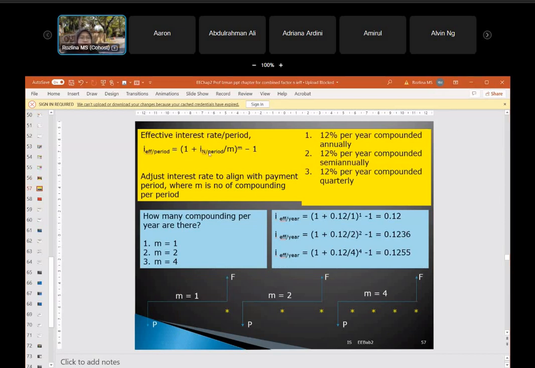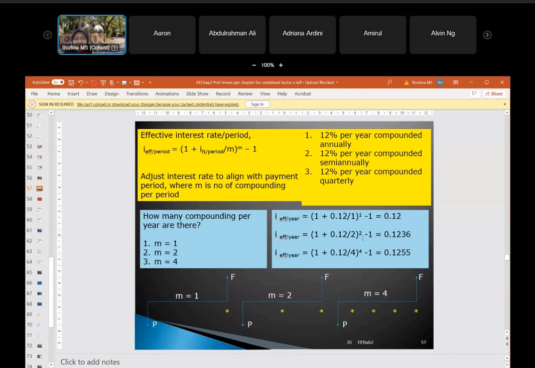Okay, effective interest rate. It is the same as before. This one is nominal: 12% divide by 1 because only 1 year, compounding every year, so the year is 1 year. This one, 12% divide by 2 because semi-annual. But don't forget, 2 times in a year.